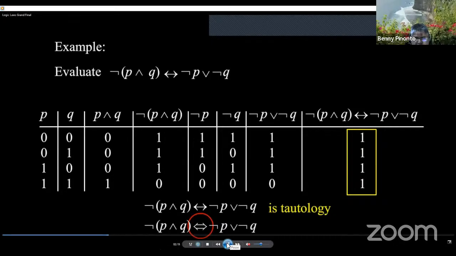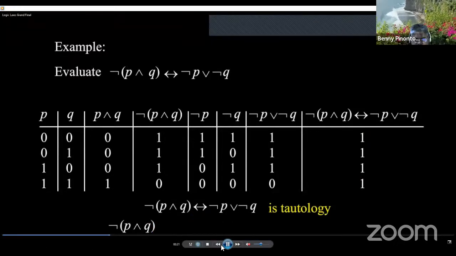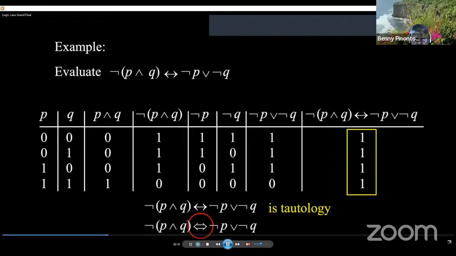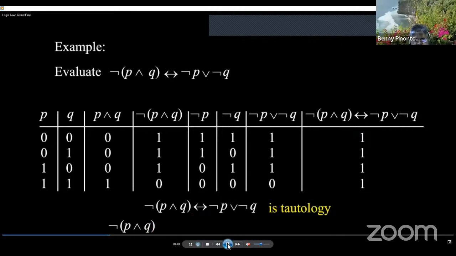Because they are a tautology, we put this symbol there. It means that it is logically valid, a tautology.